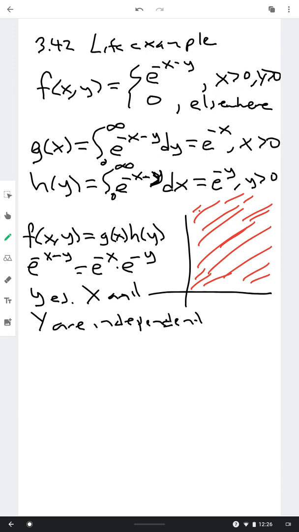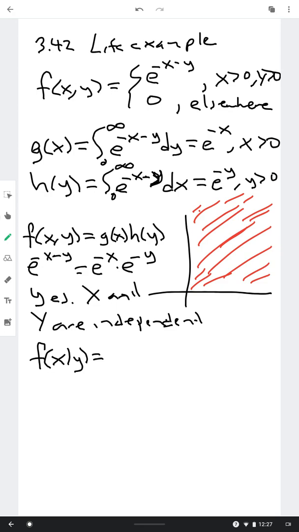So let's answer the question. Find the probability that x is between 0 and 1 given that y is equal to 2. To be able to do that, I need to find a conditional distribution, f of x given y, where y in this case is equal to 2.